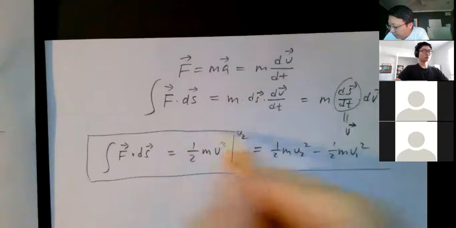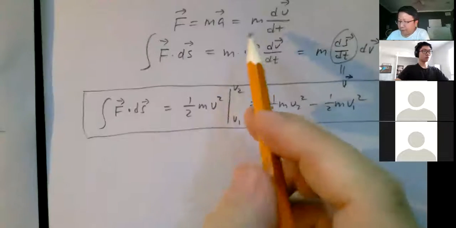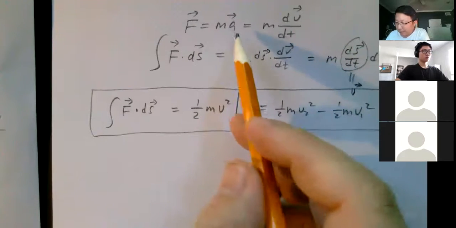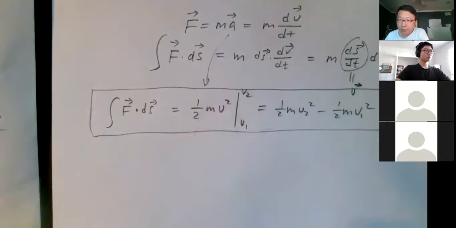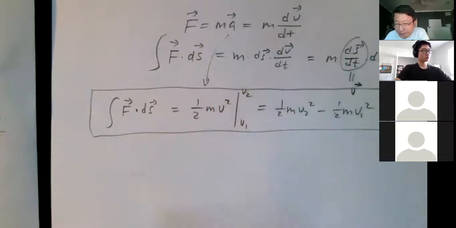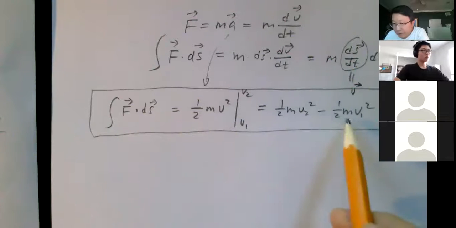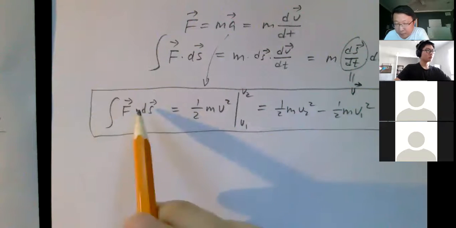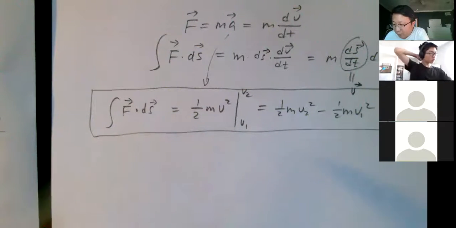So that is coming from Newton's second law all the way to here. Okay, just using this kind of treatment. So this is the kinetic energy difference equal to the work done by the force.